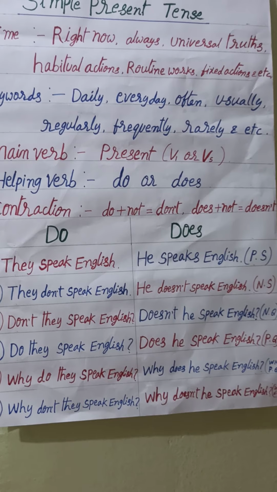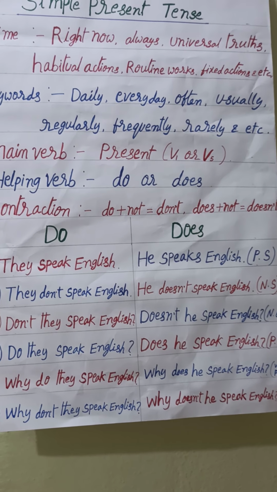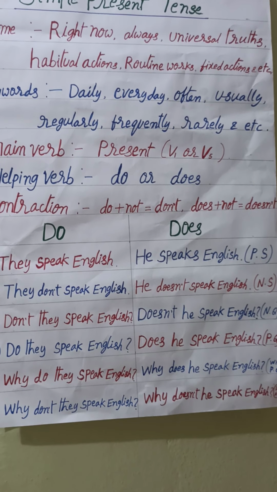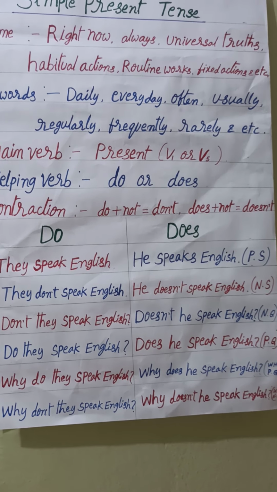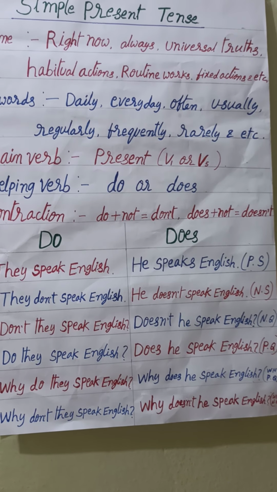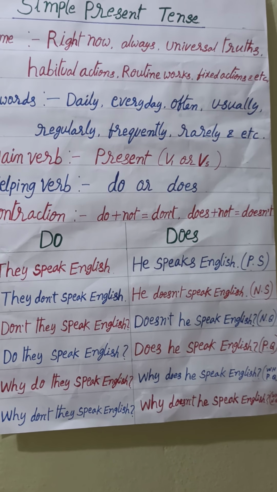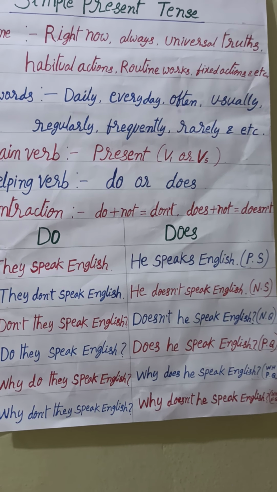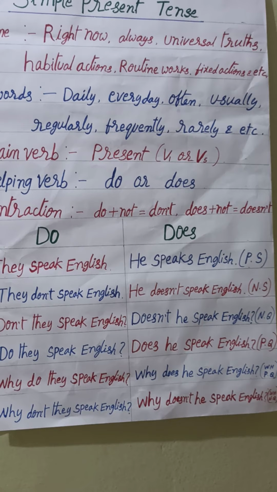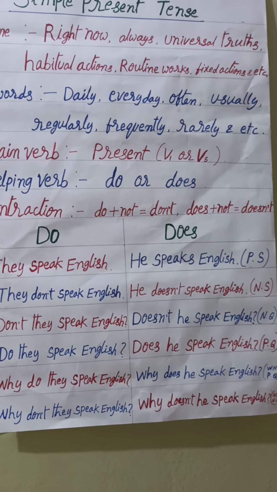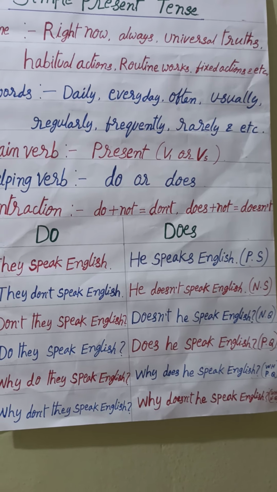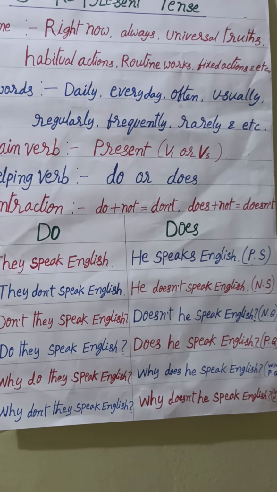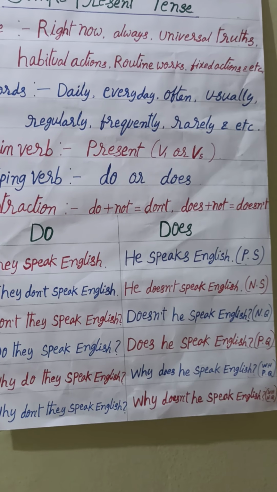Keywords. Daily. For example, I read the newspaper daily. Every day. I go to school every day. Often. For example, I go to library often. Usually.